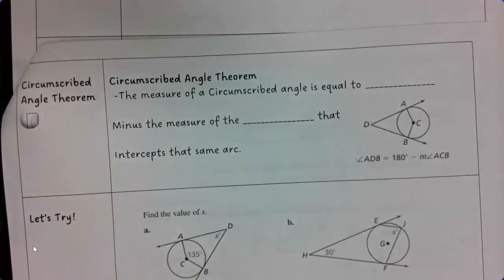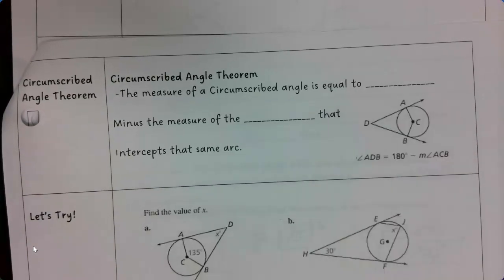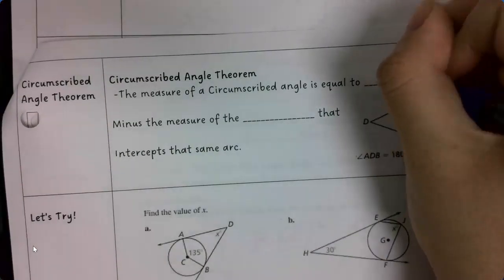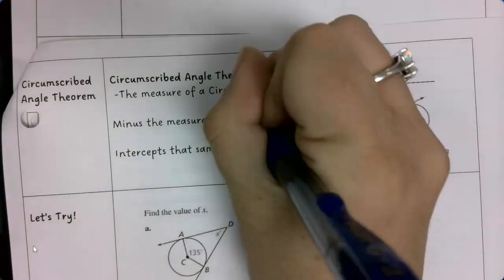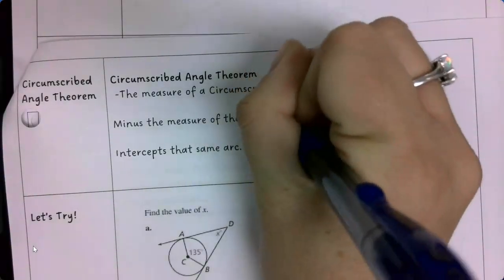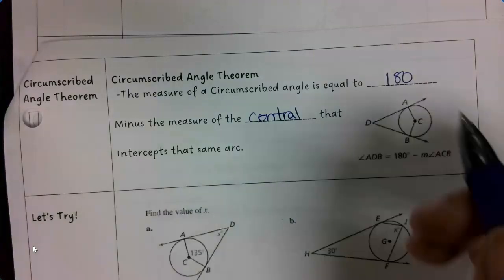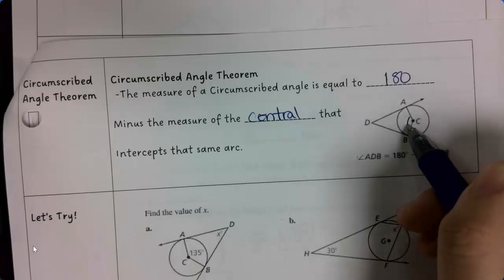Okay, and the last thing we have is the circumscribed angle theorem. A circumscribed angle is when the angle is connected by two tangents. The measure of a circumscribed angle is equal to 180 degrees minus the measure of the central angle that intercepts the same arc. So if I'm looking for angle ADB, I would take 180 minus this measure right here.